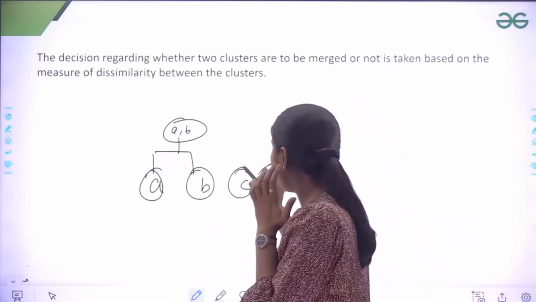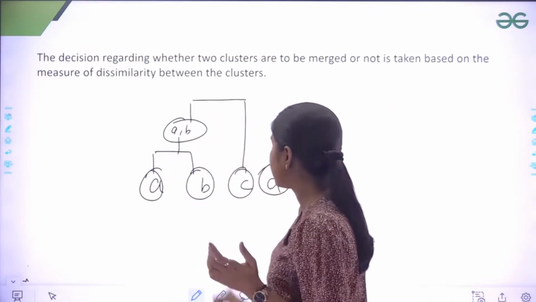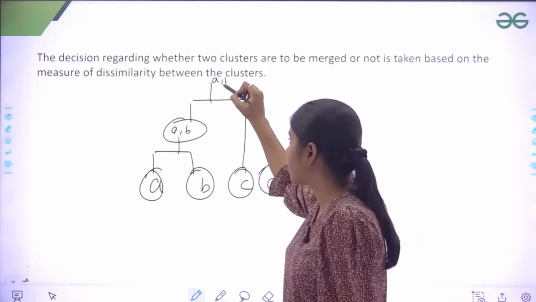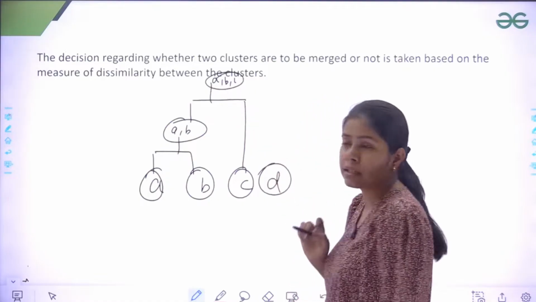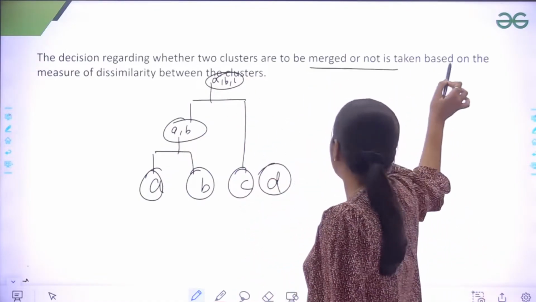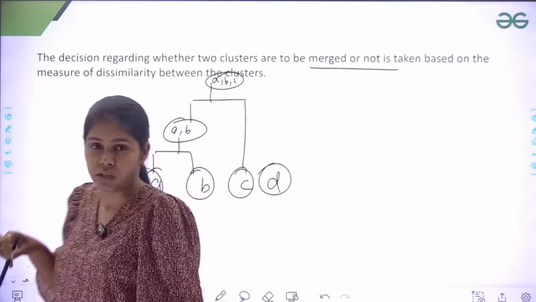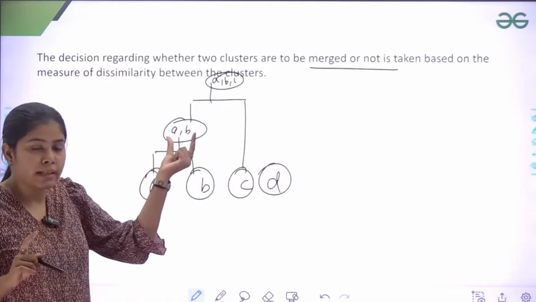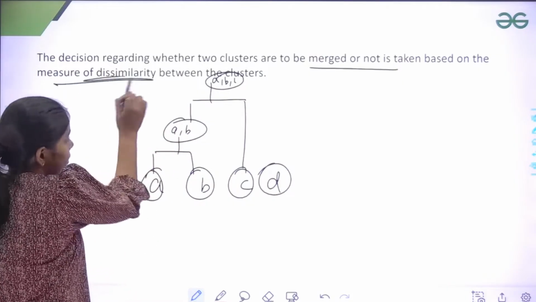There may be a possibility that the next distance is small, so now I'll get A, B, C as one cluster and another cluster is D. So I have 2 clusters here. I'm merging these clusters. You can see that I'm merging A, B into one cluster on the basis of dissimilarity.